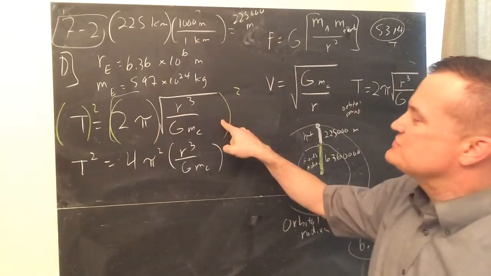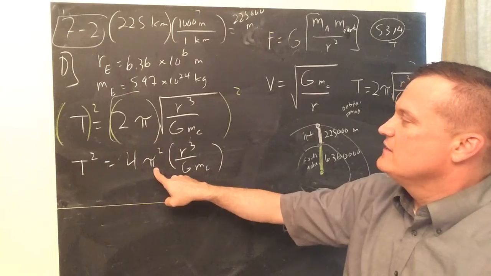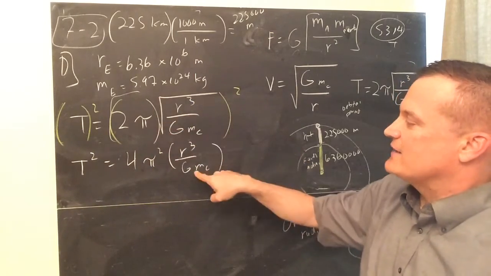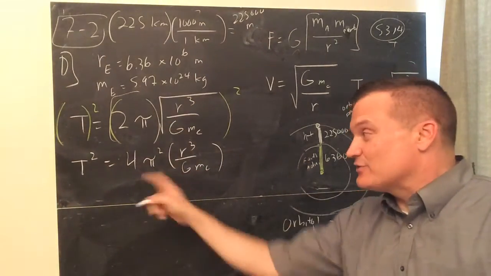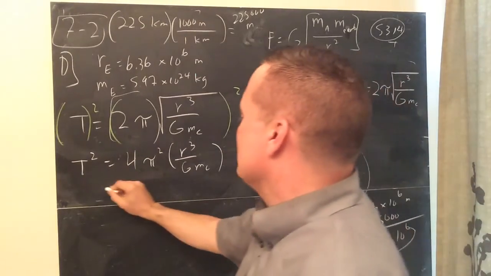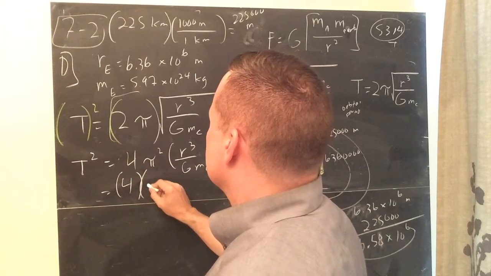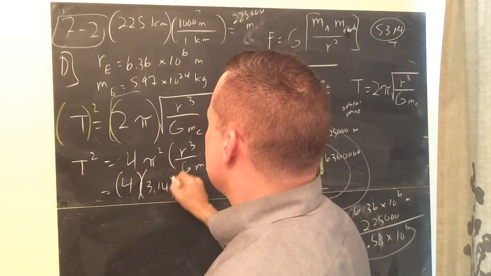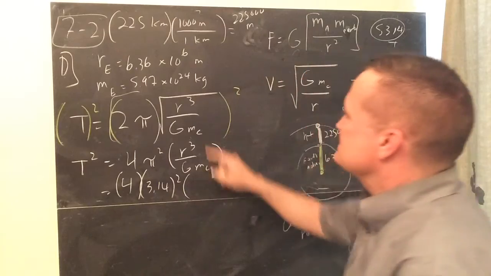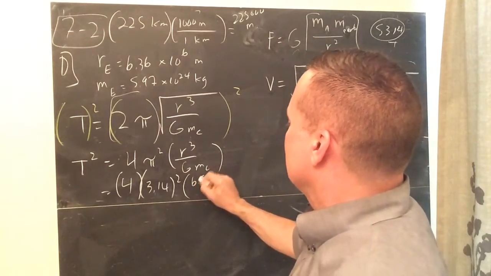So this equation, if I square it, it becomes this. This part becomes 4 pi squared, but then you just lift up the radical and it becomes that. Maybe it's better to look at that equation and get your answer and then get the square root at the end. So let's plug them in. So 4 pi is 3.14, squared. The radius, there it was 6.58 10 to the 6.